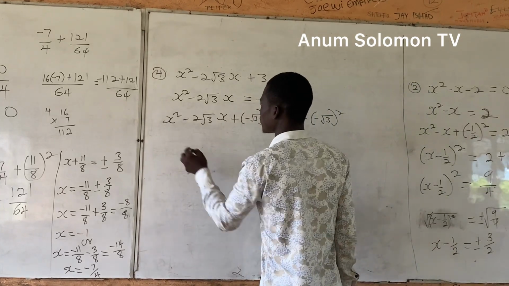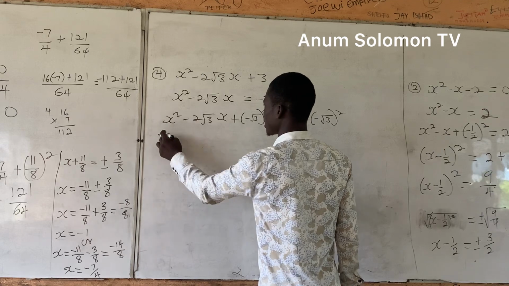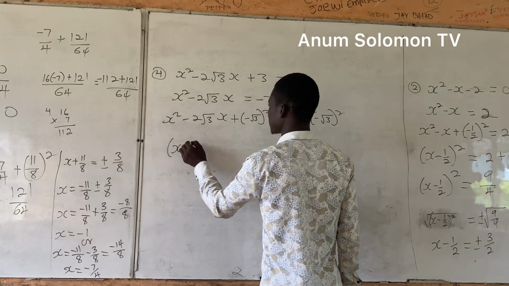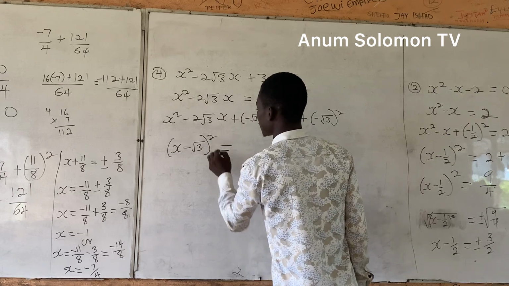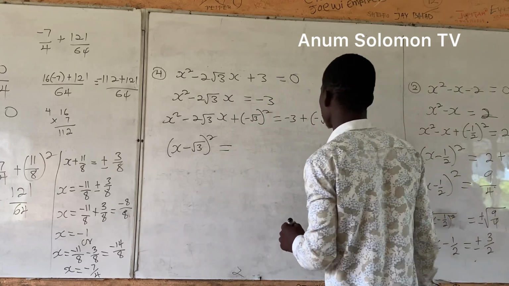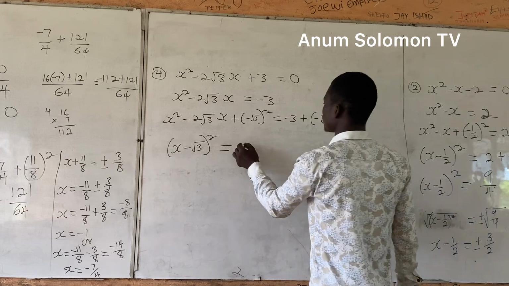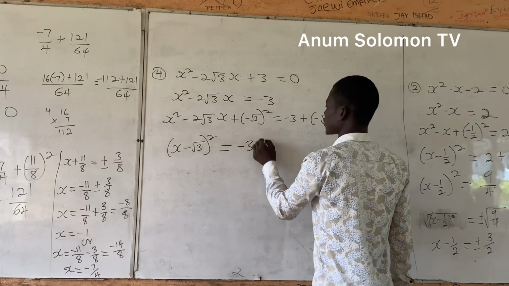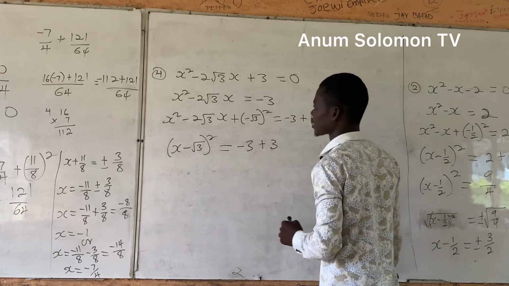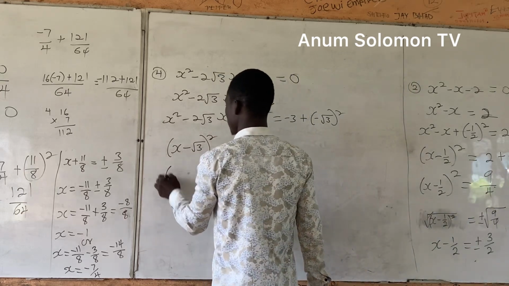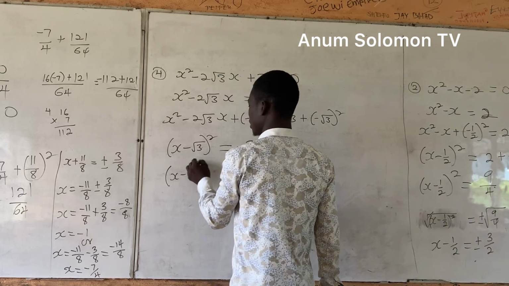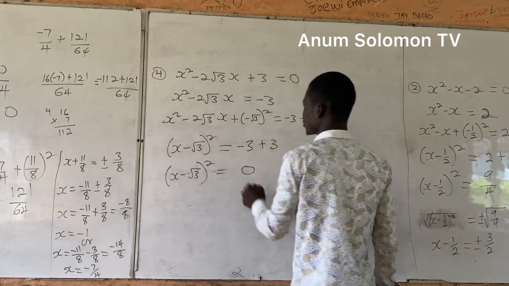So we are going to get the perfect square here. x minus root 3 all square is equal to minus 3 plus 3. So on this note, I'm going to get x minus root 3 all square equal to 0.